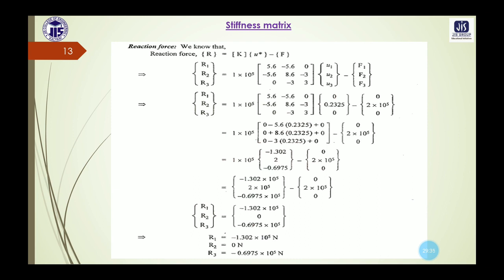If we put in all the values, then after several steps we can calculate the reaction forces for the three different nodes. So we get R1 as minus 1.302 into 10 to the power 5 Newton, R2 as 0, and R3 as minus 0.6975 into 10 to the power 5 Newton.